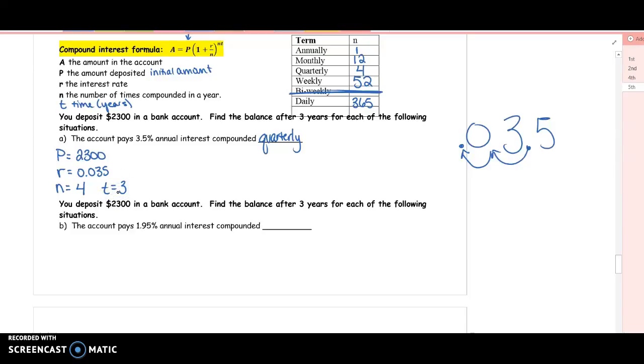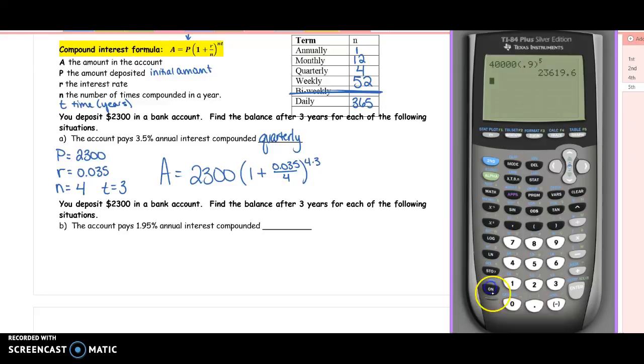Let's plug all of these pieces into that formula. You have 2 options for plugging this into your calculator. You can do this all in one step.